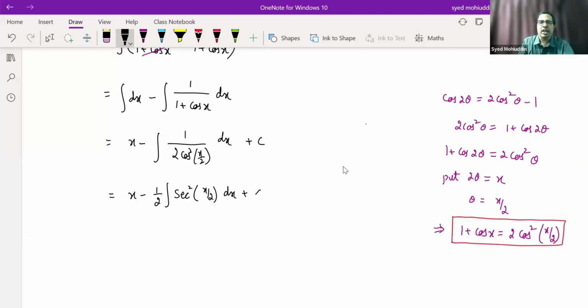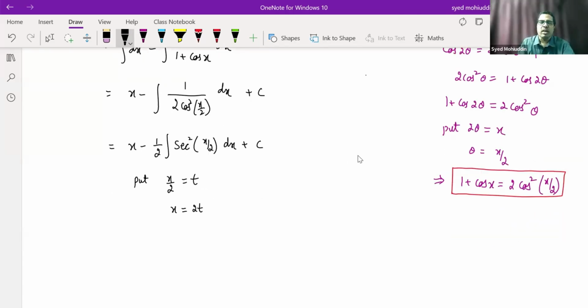But the integration of secant square of x by 2 cannot be done directly. Therefore, we will go for the substitution method. Put x by 2 equal to t, or x will be equal to 2 times t. Now let us differentiate this: dx is equal to 2 times the derivative of t, which is dt.